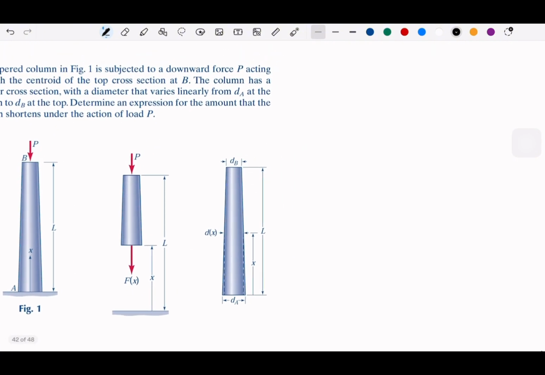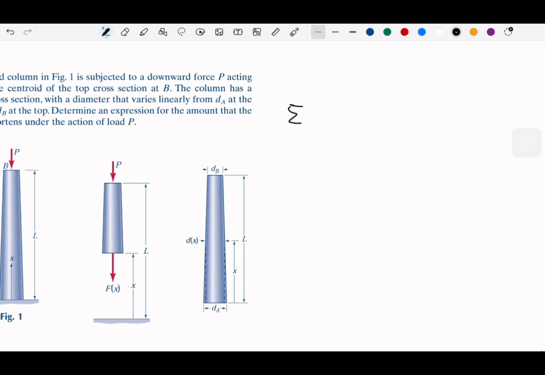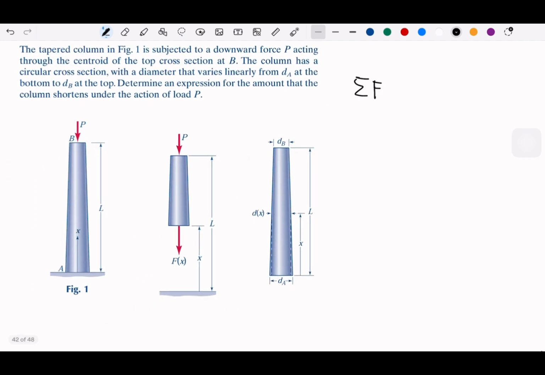Since we have the delta, we can rewrite the sum of forces along the axis. I will define the axis x as the vertical, not y, to make things easier. Then F of x is equal to negative P, and this will be constant throughout the diagram.